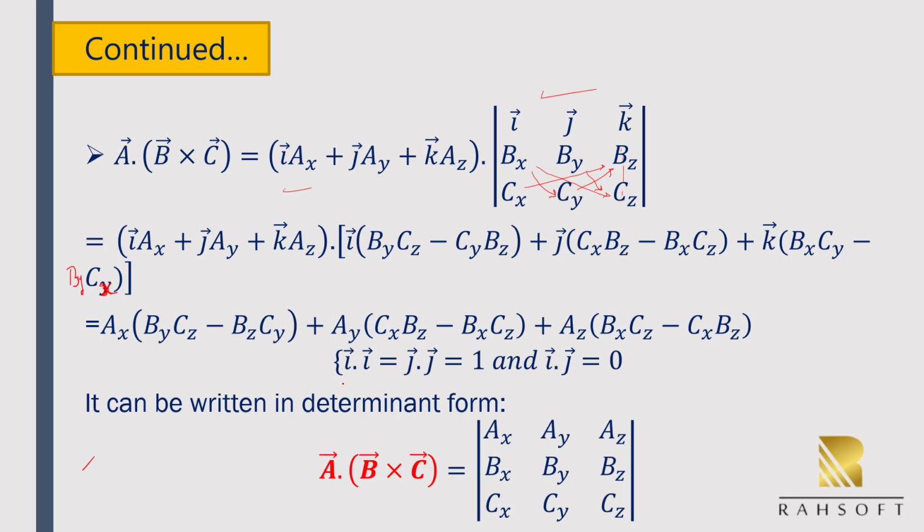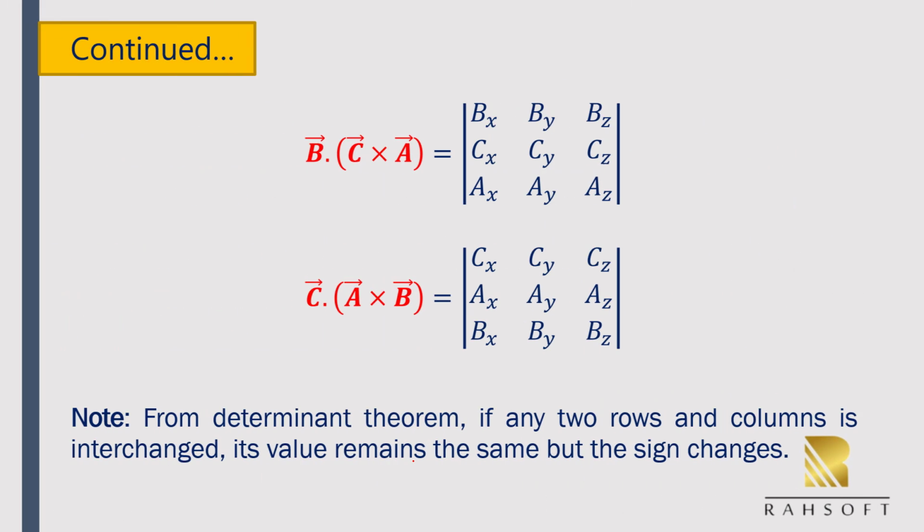So now you can see here, in case of dot product, i dot i, j dot j equal to 1, but the dot product of different unit vectors always gives you 0. So it can be written in determinant form. A dot B cross C, you can write as Ax Ay Az, Bx By Bz, Cx Cy Cz. So this is the way you can write A dot B cross C, that is the scalar triple product.